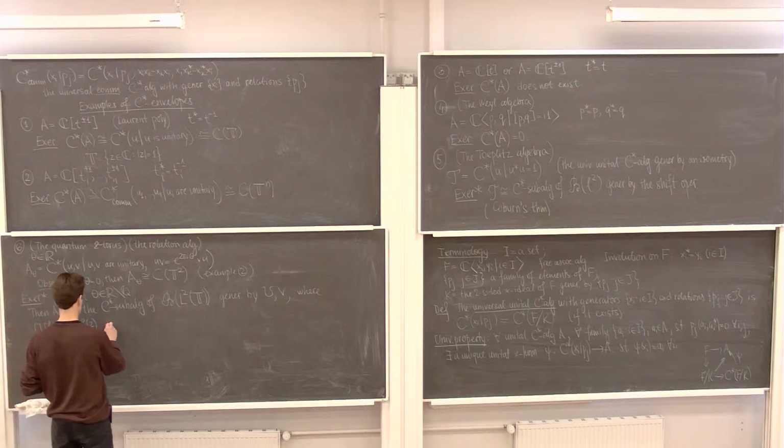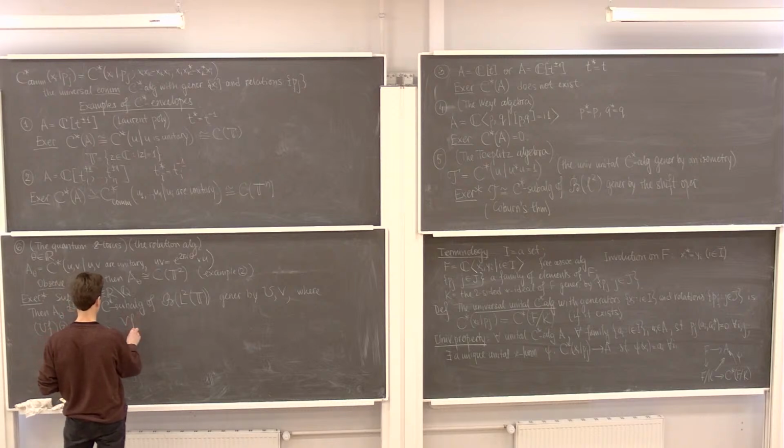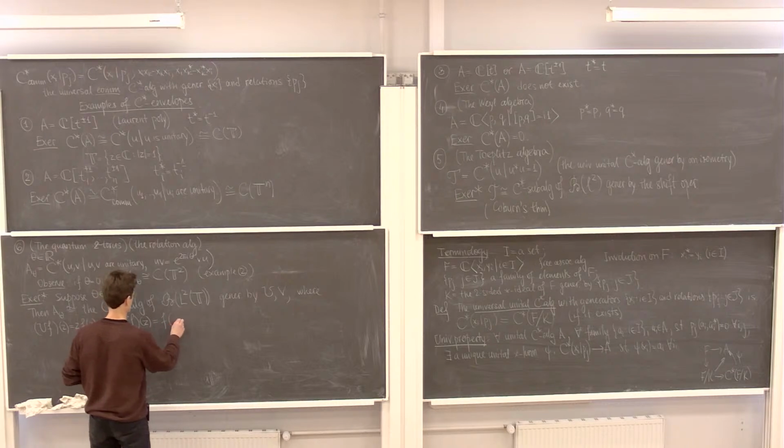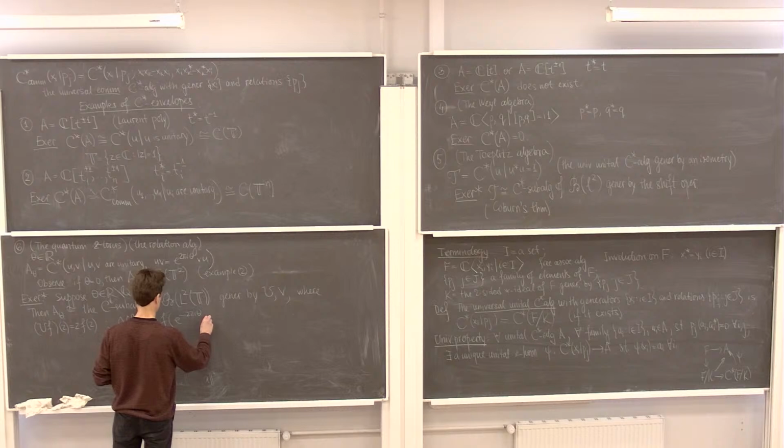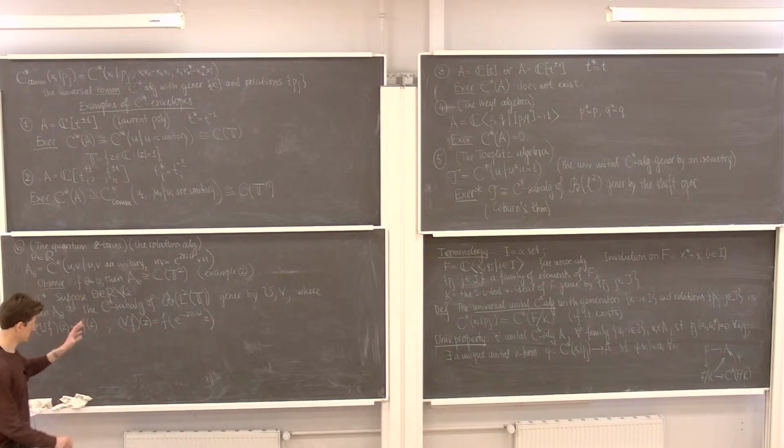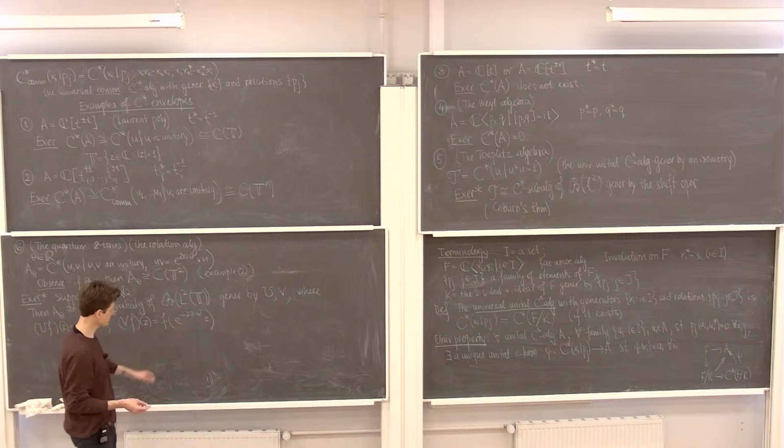And V is the rotation operator given by the following formula. In some sense it rotates the circle by the angle 2 pi theta.